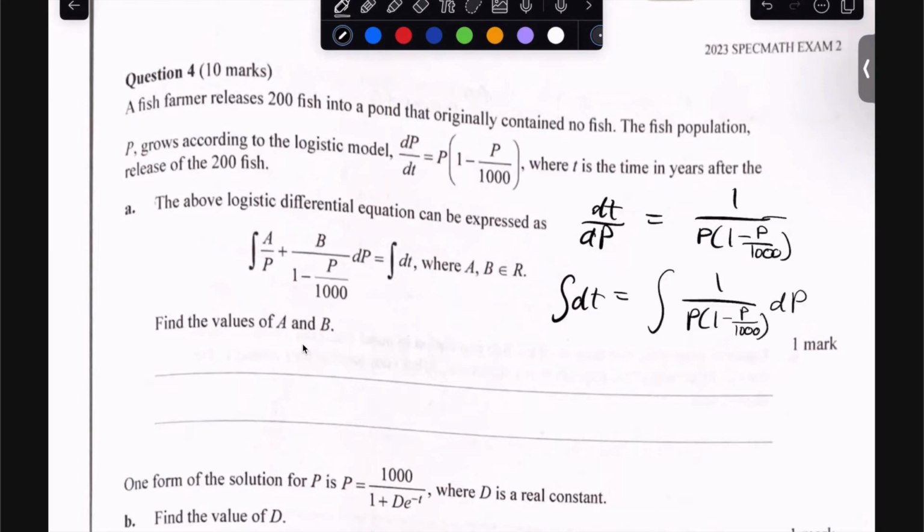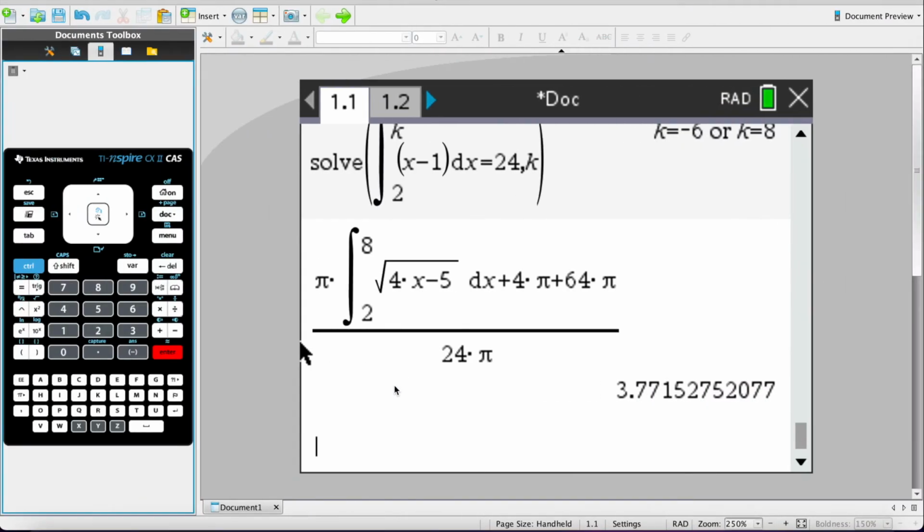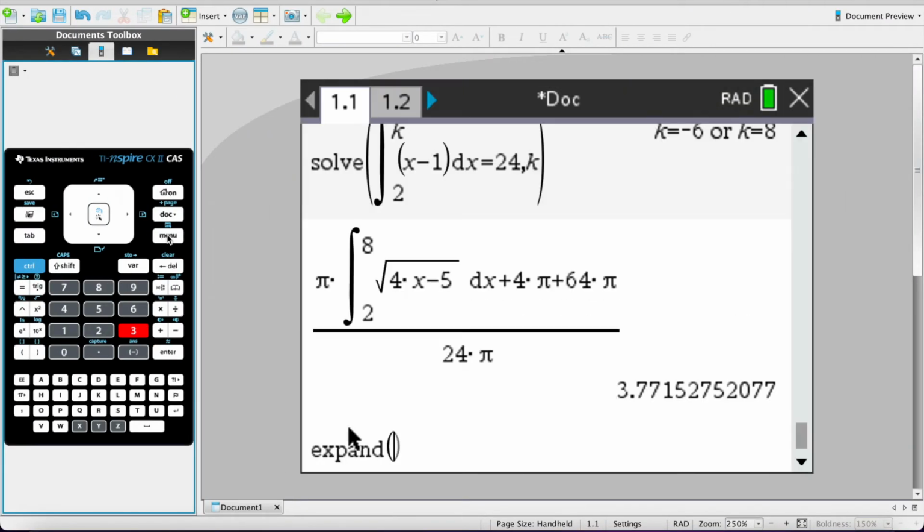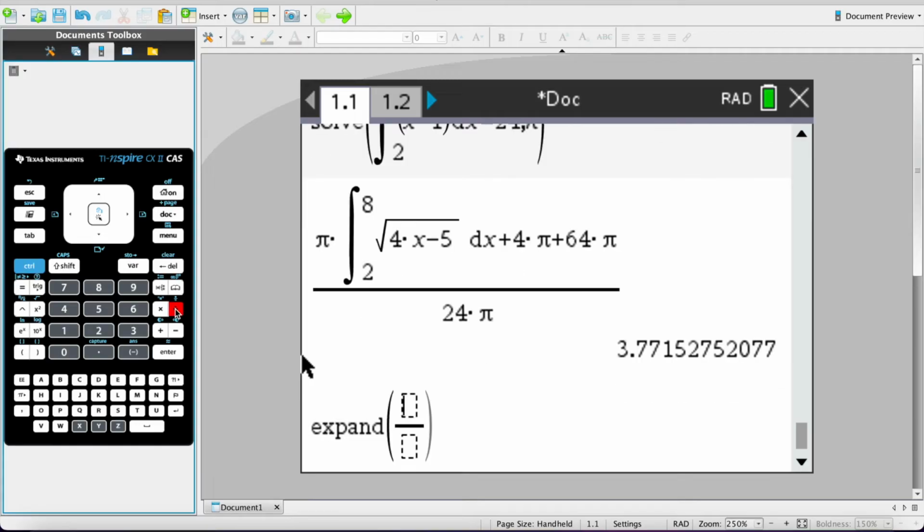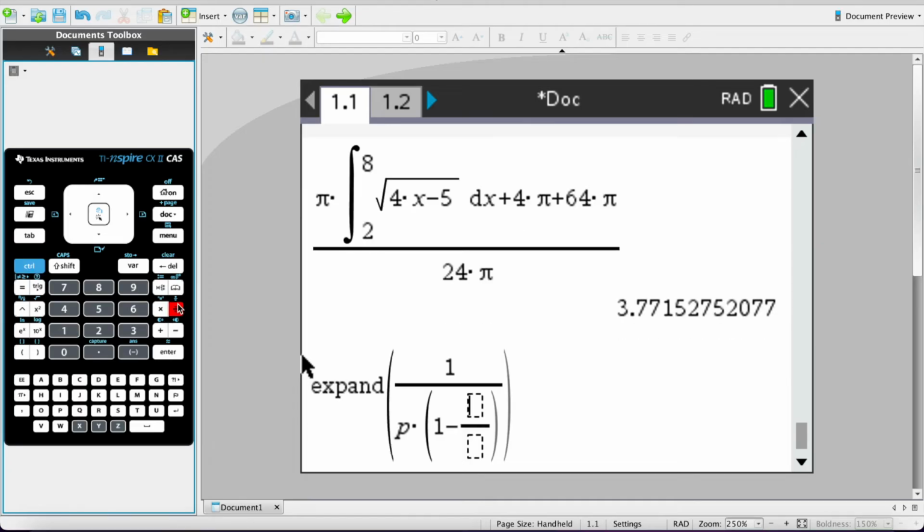Now, I'm guessing here they just want you to do the partial fractions, which we will do on the CAS. If you just do menu 3 expand and you put 1 on p times 1 minus p on 1000.